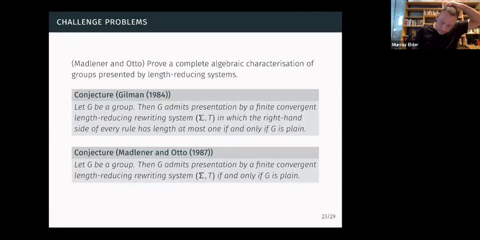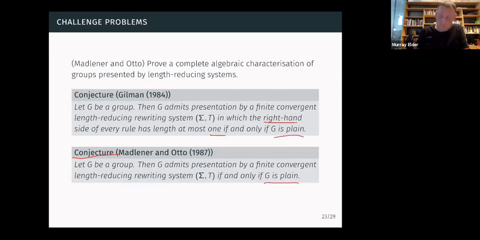And Madlener and Otto, '87, proved that, no, they didn't prove, it's a conjecture, sorry. So Gilman's conjecture is just if the right-hand sides have length at most 1, and the big conjecture here, generalizing Gilman's conjecture, it's a bit out of order, this slide, is that G admits a presentation by a finite convergent length reducing rewriting system if and only if the group is plane.